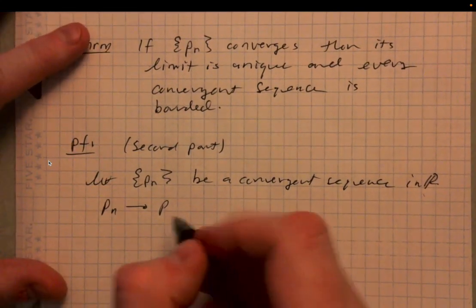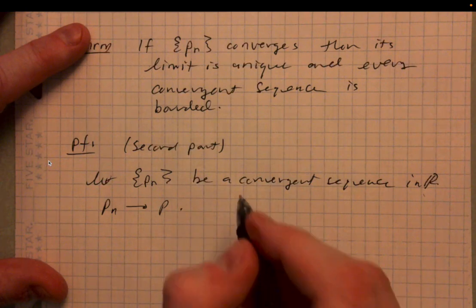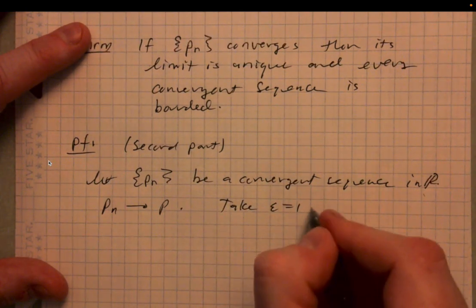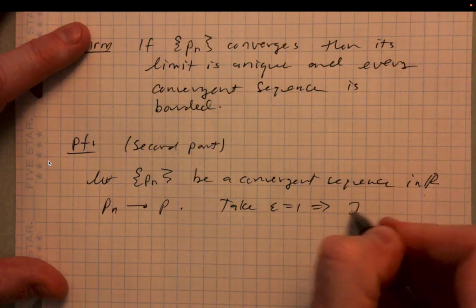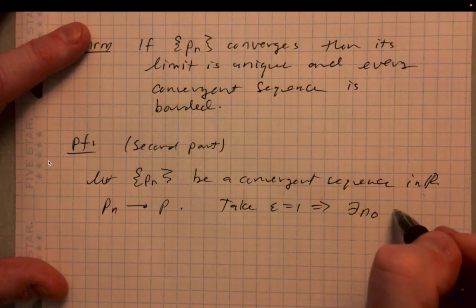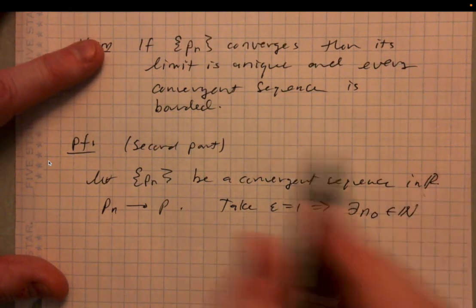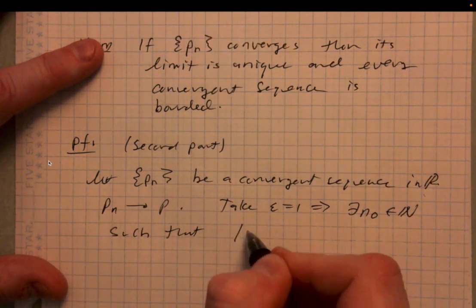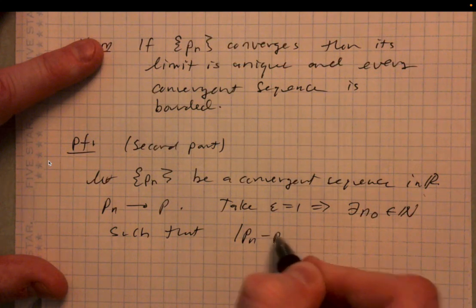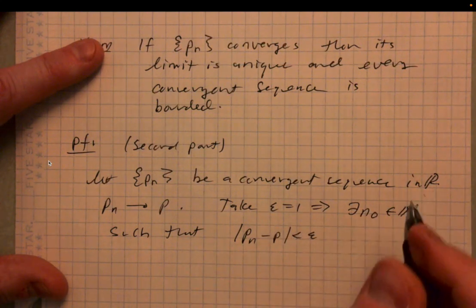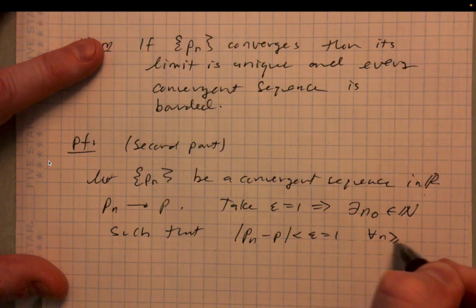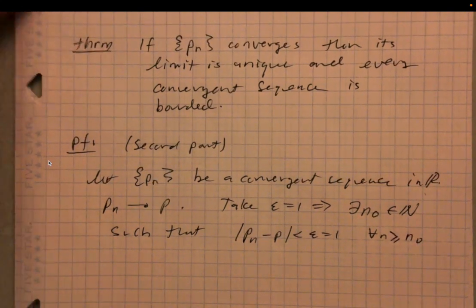Let's just start by taking epsilon equal to 1. Then there is going to exist some n naught, natural number, such that the absolute value of P sub n minus P is less than epsilon, which is 1, for all n greater than or equal to n naught.